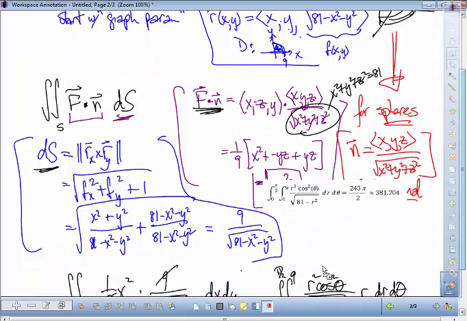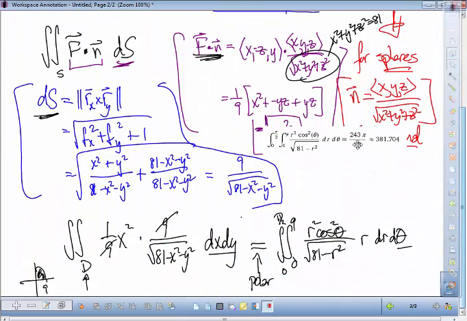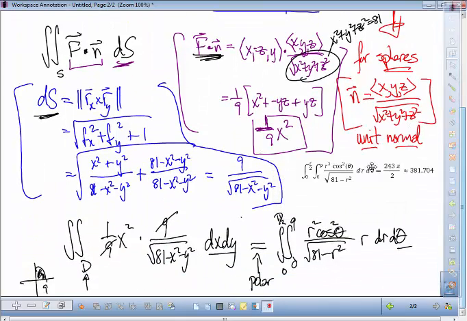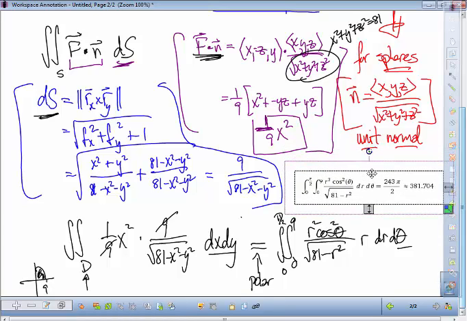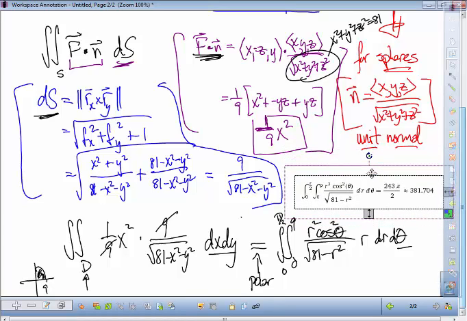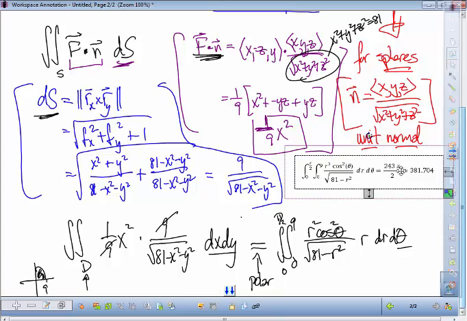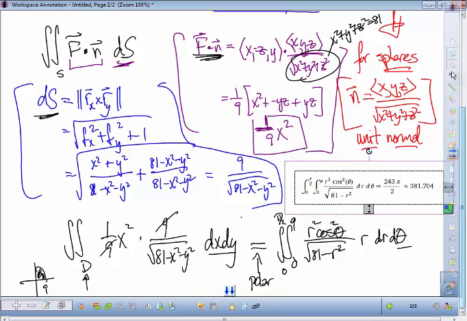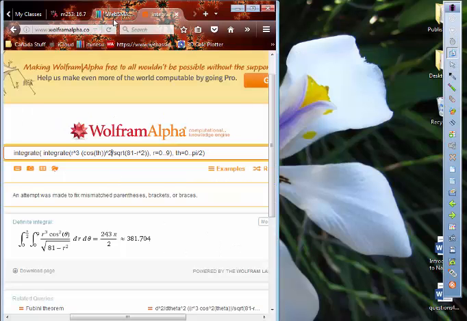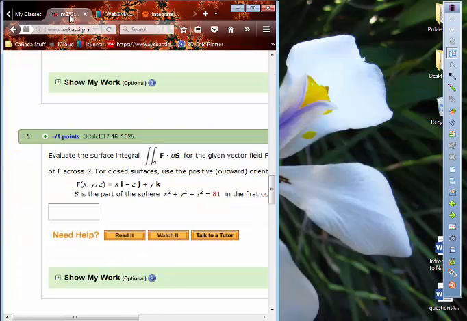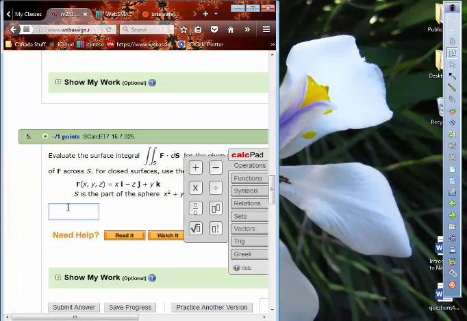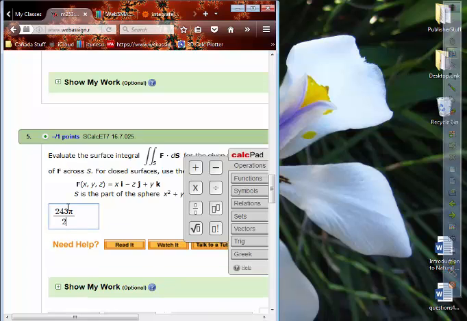And I suppose since we are stealing this from one of the homework problems, we should see if it's correct or not. 243 pi over 2, check.